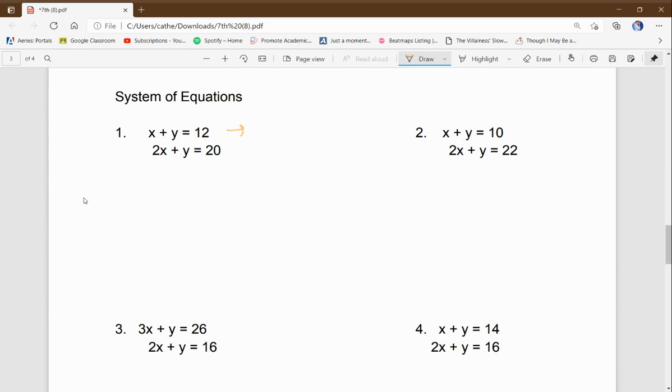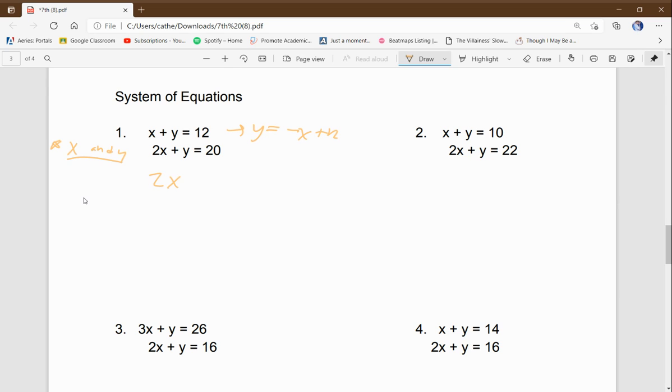Okay, for this, you're trying to find both x and y. So one way you can do this is finding one variable first, and then using that to find the next variable. For example, you can rearrange this to y equals negative x plus 12, right? It's the same thing as this, except we moved it around a bit.